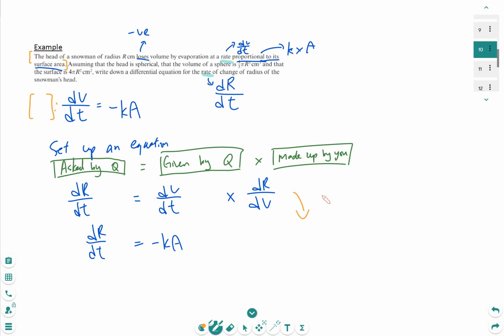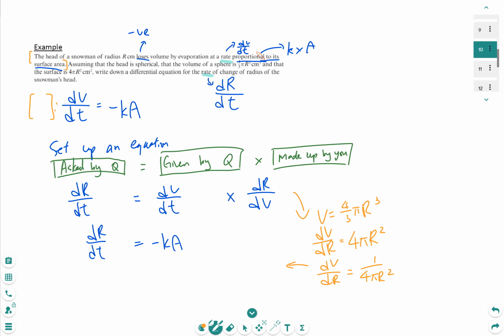It doesn't matter which one is the subject, as long as there's a formula that links v and r together. Well, clearly we know v equals 4/3 pi r cubed. We need to find dr by dv, but we can work out dv by dr and then flip it over. So differentiate that, times by 3 cancels with the third, so 4 pi r squared. Therefore dv by dr, flipped, is 1 over 4 pi r squared.